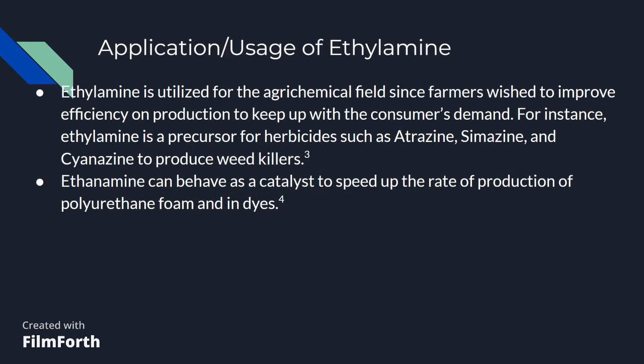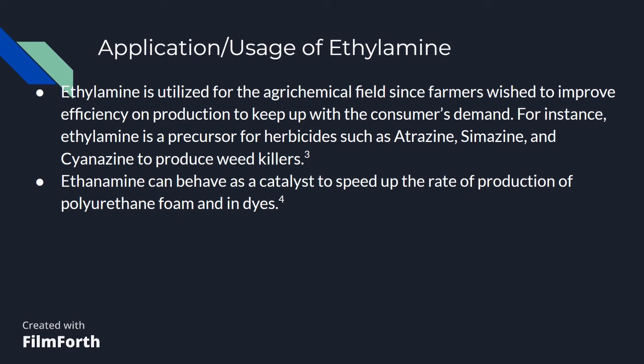Now, application or usage of ethylamine includes the following: this substance is popular in the agrochemical field, also known as the agricultural field, mostly due to the concept of economics and how farmers wish to improve efficiency and production to keep up with the demand of consumers.